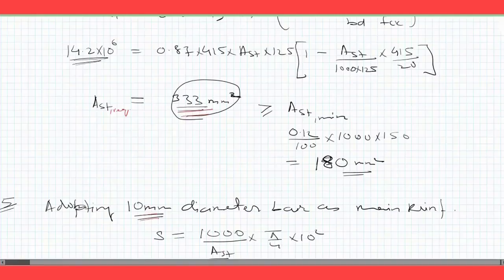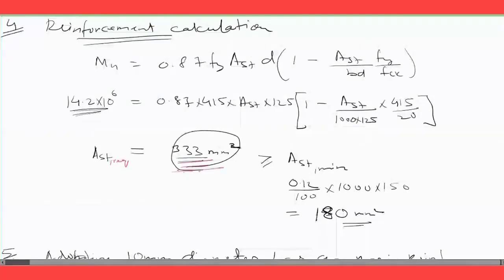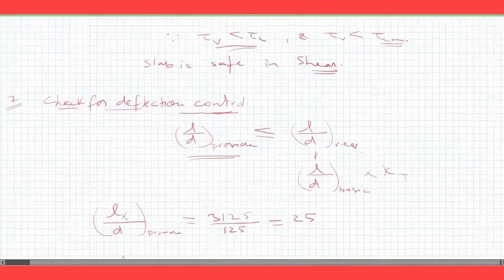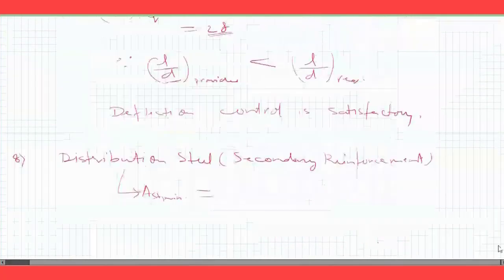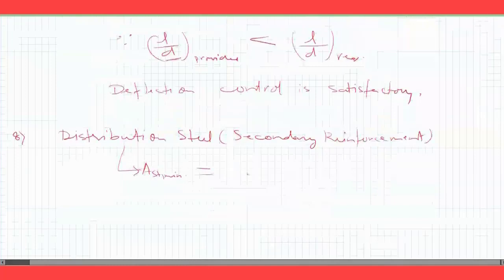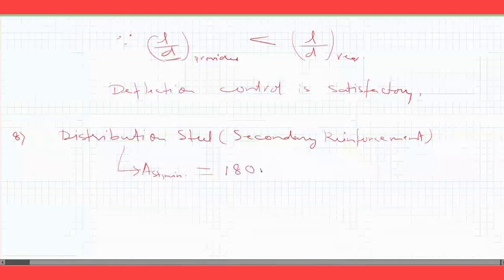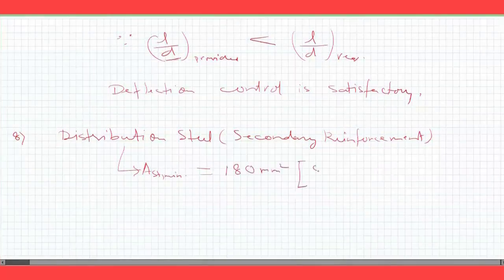Since this computation is already done, AST minimum is actually 0.12% of the cross section area. So if I just recollect it, it is 0.12% of overall cross section area, 1000 into D, which is 150. So based on that, you have got minimum steel.